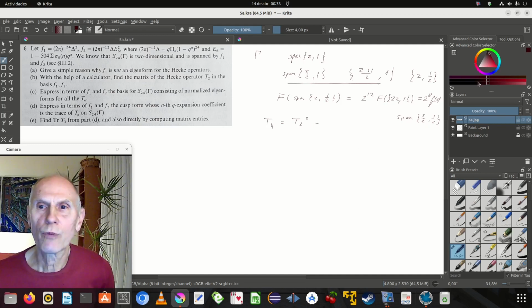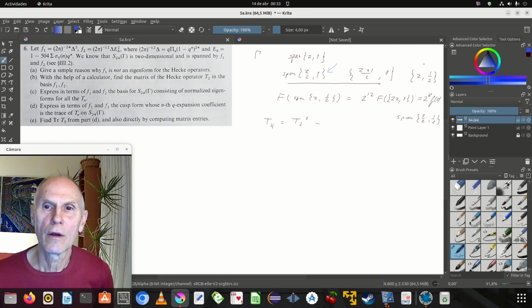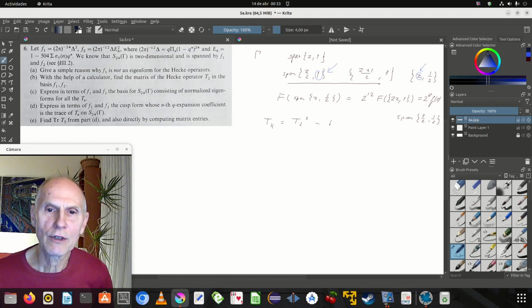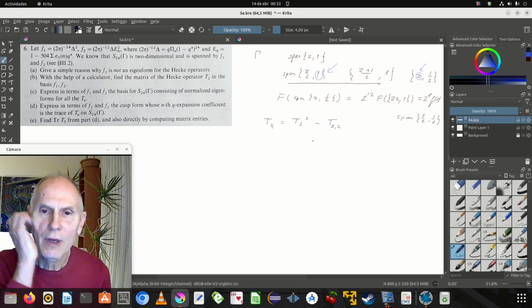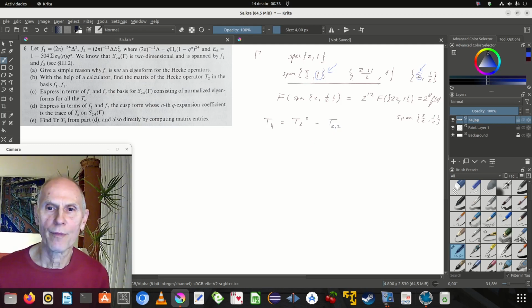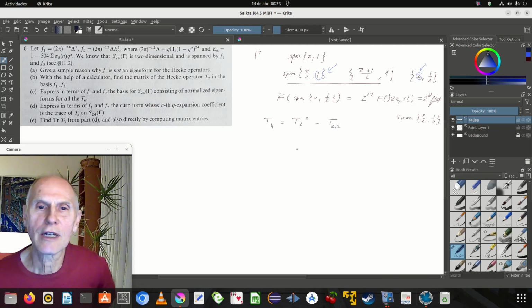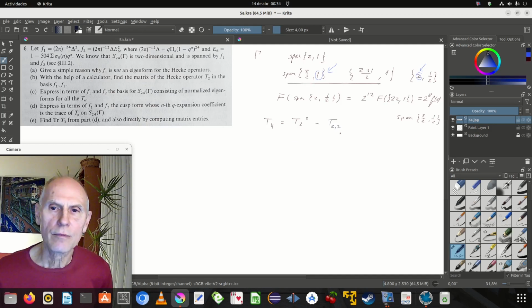You can see here if we operate with 1/2 on 1 and on z, then we get that twice. But it's only 1 in T4, so we have to subtract it. It's called T22 as far as I remember, of whatever lattice we started with. But what does it actually do?